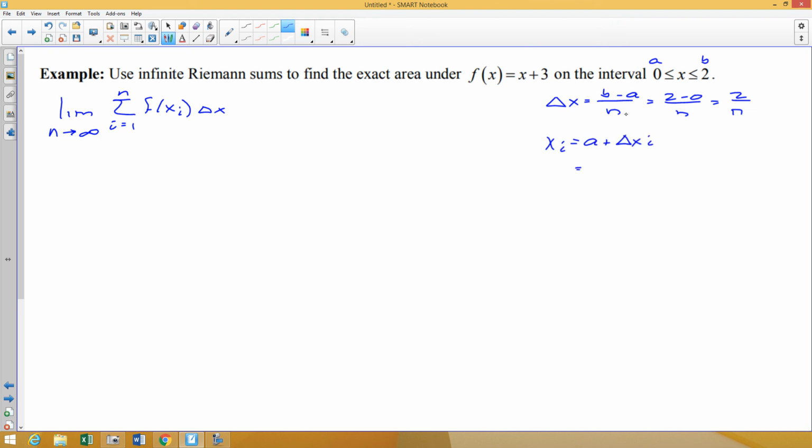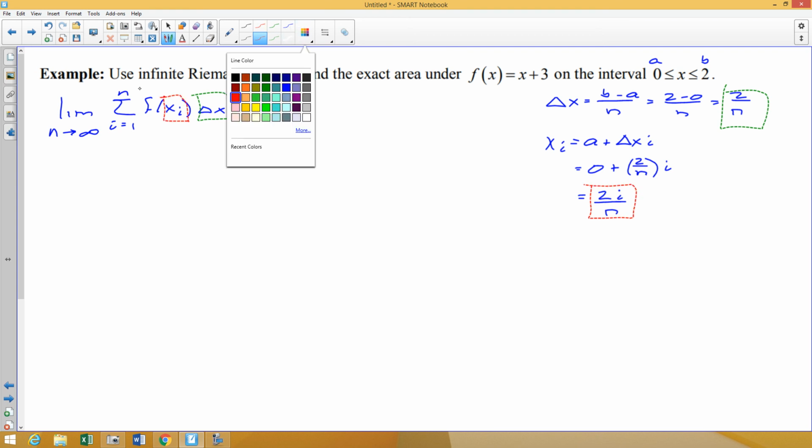And we know that a is 0, and delta x is 2 over n times i, which cleans up to just 2i over n. Okay, so I'm going to take these two things here. I'm going to substitute 2 over n in for the delta x, and I'm going to substitute the 2i over n in for x sub i.